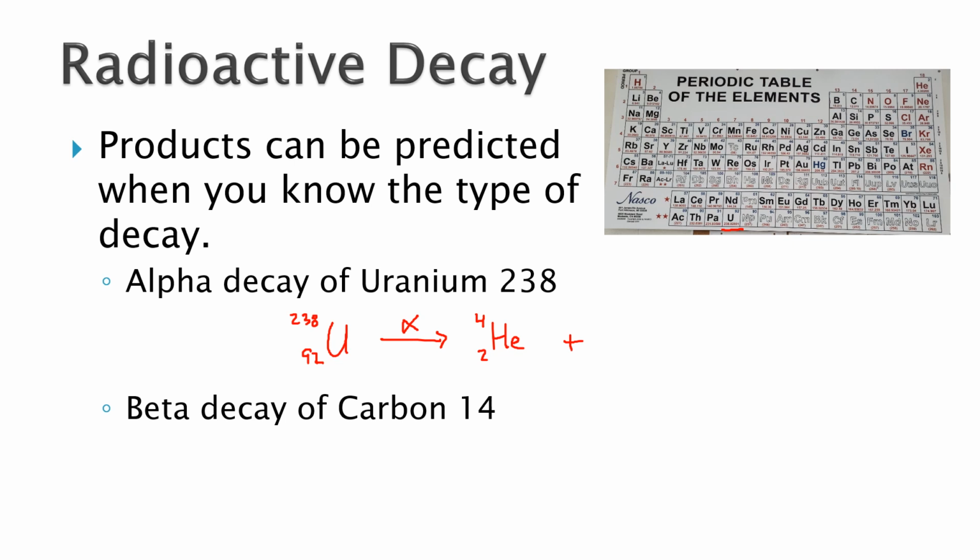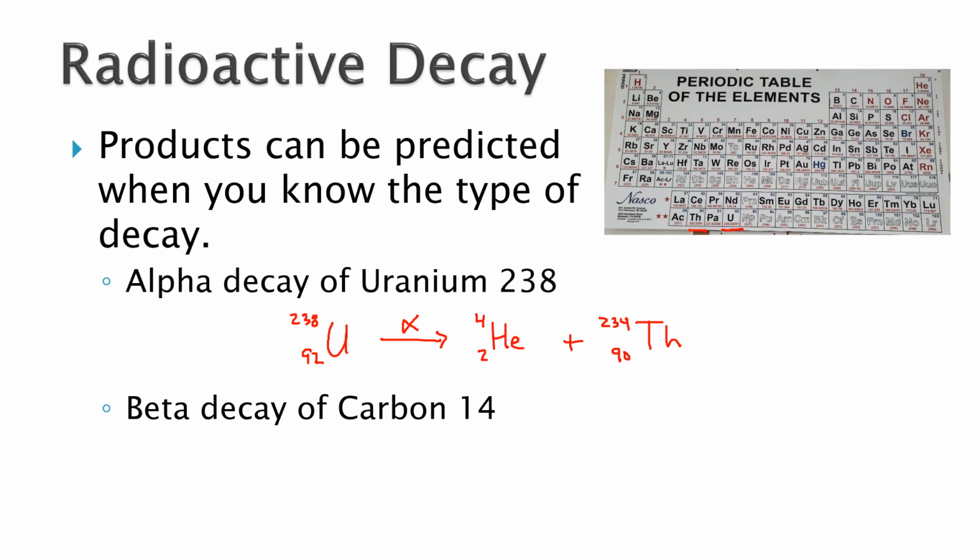So that means the atomic number is going to go down by 2, so that takes us down to 90, which as we can see is thorium. The mass number is going to go down by 4, so it's 234. So there you go, decay of uranium-238.